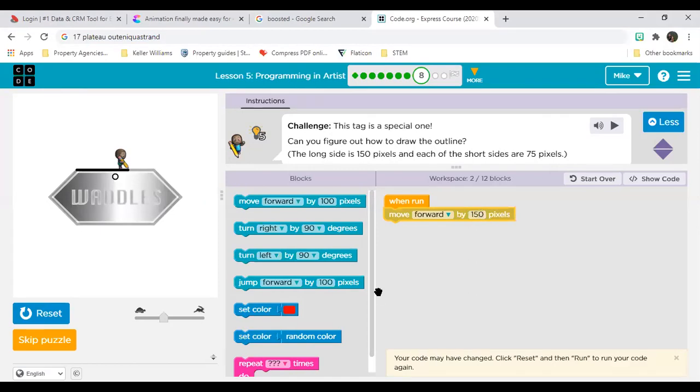While I wait for some answers to come through, I also want to show you, look in the toolbox. Inside each one of our commands, there are some drop-down options as well. We can see in the turn option, there is right and left. In our move option, it's move forward, move backwards.